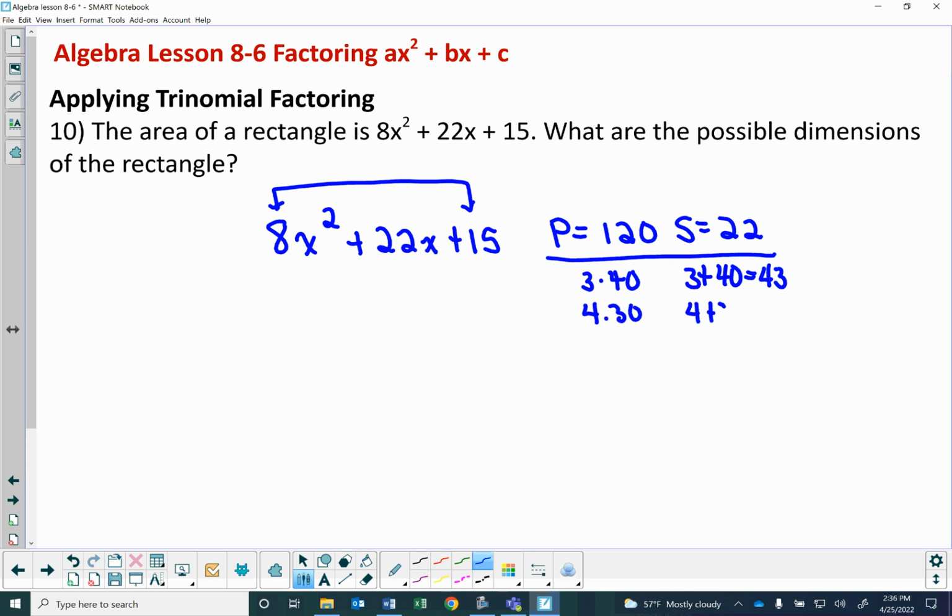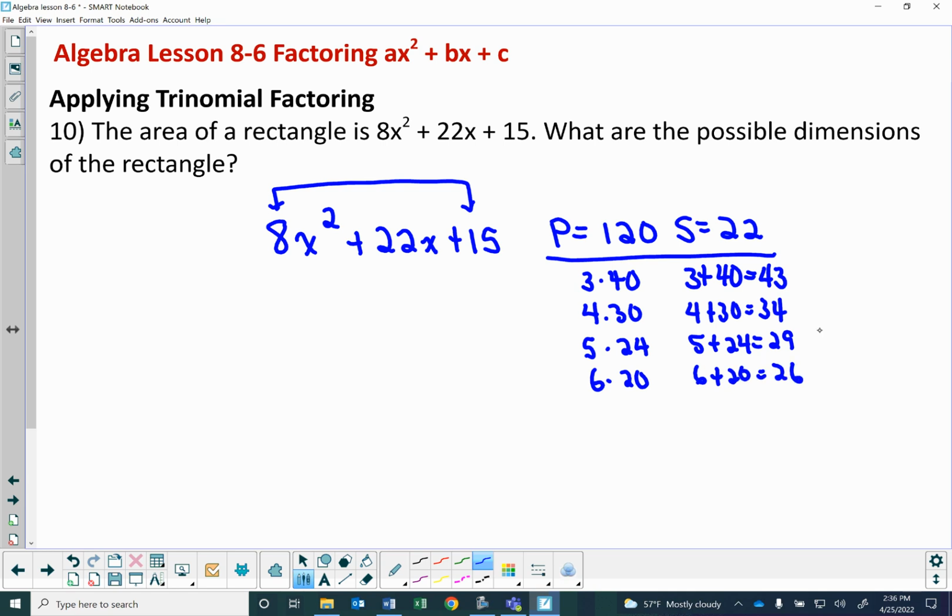Now 4 plus 30 is going to be 34. Getting closer. 5. 5 divides into 120. 5 times 24. 5 plus 24 is 29. We're getting closer. 6. 6 goes into that times 20. 6 plus 20 is 26.